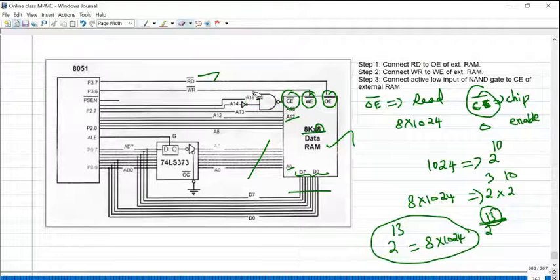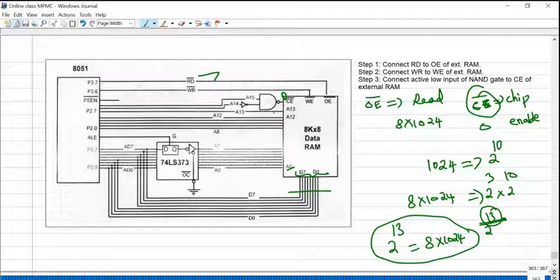The remaining address lines may be used to generate your chip enable signal. The chip enable signal is an active low signal, meaning we have to place 0 on that particular pin. Then only this chip will be selected. So the NAND gate output must be 0.